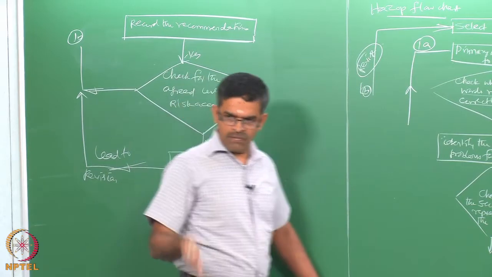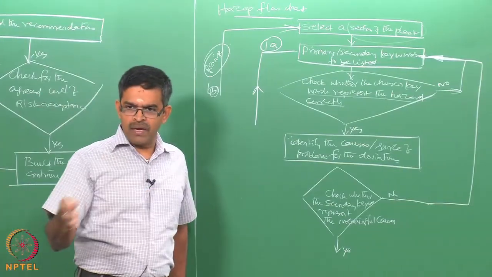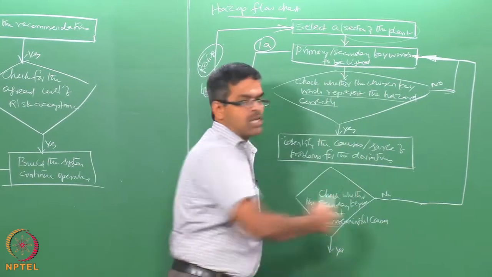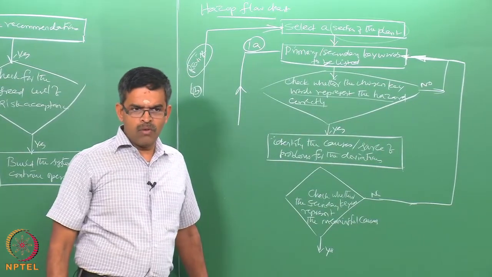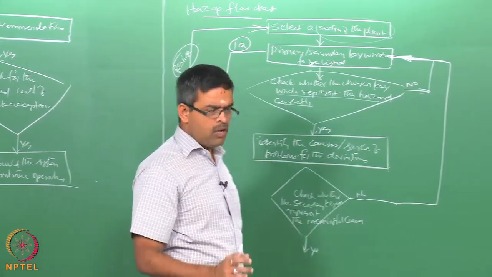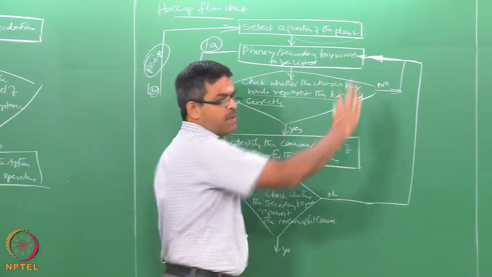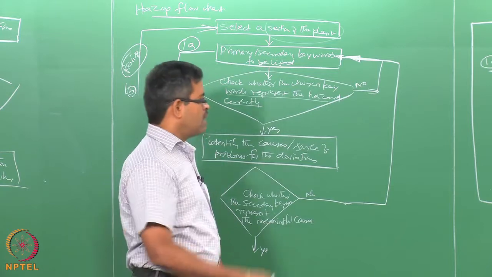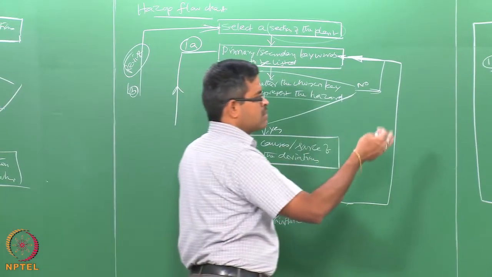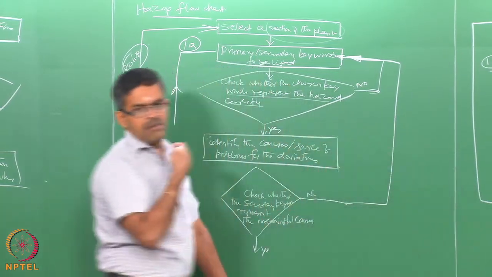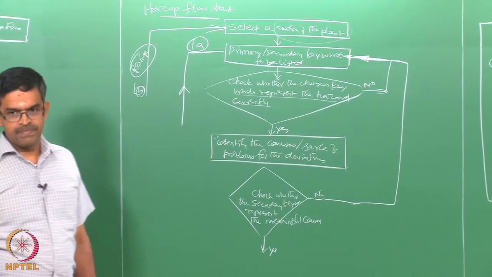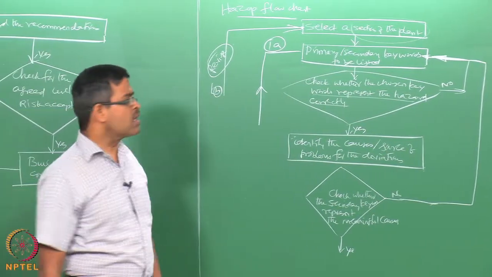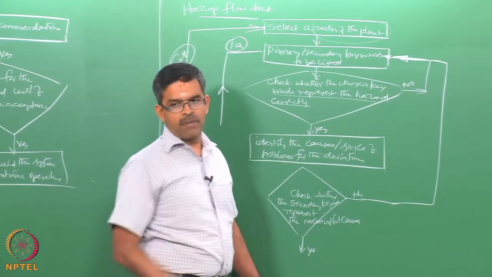It is for your convenience you divide the plant into segments and do Hazop analysis. Then you may ask me a counter question, sir, why do we divide the entire plant into segments and do Hazop analysis? Because we are anyway considering the safeguards, consequences, recommendations for the entire plant, then why can't we do Hazop analysis for the entire plant?